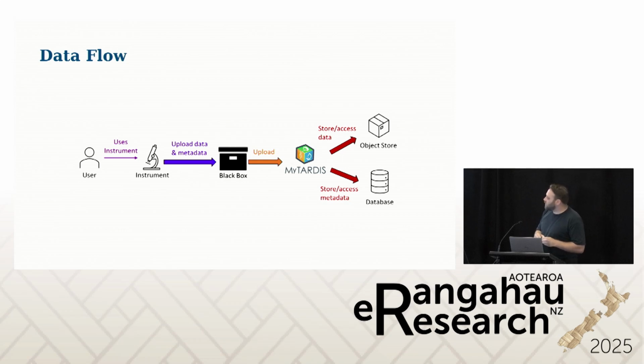So a bit of an example of data flow. You have some sort of user, researcher, technician. They use some sort of scientific instrument. It gets uploaded, and at this point in the project, we had researchers populate metadata when they actually uploaded it.